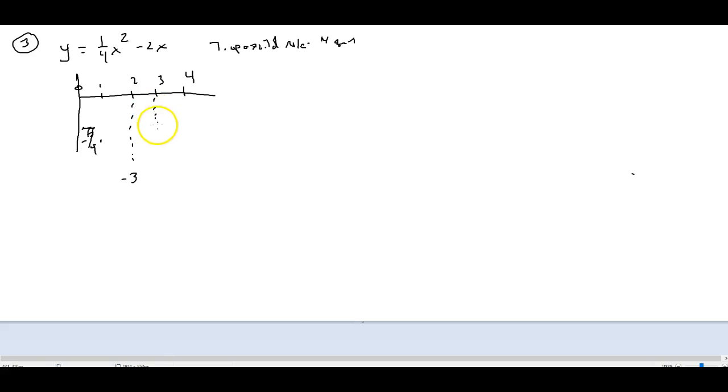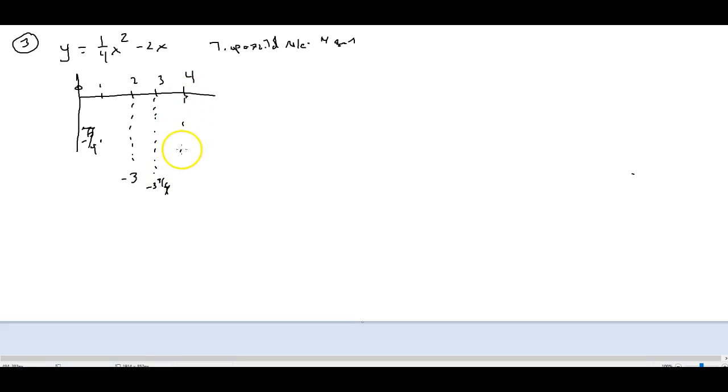And then plug in a 3, I get 3 squared, which is 9, times 1/4 is 9/4, minus 6 would be -3 3/4.